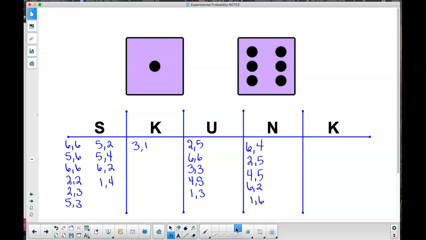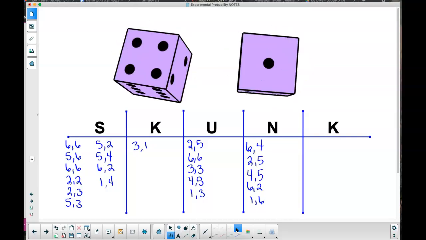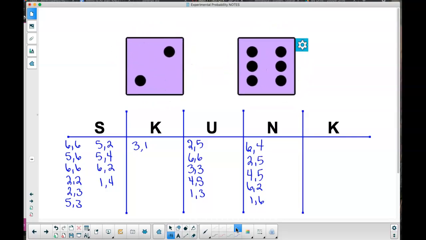Alright, last round. Cassidy's doing really well. So, okay, ready? Okay, here we go. Last round. 2 and a 6, so 8 points. Okay.